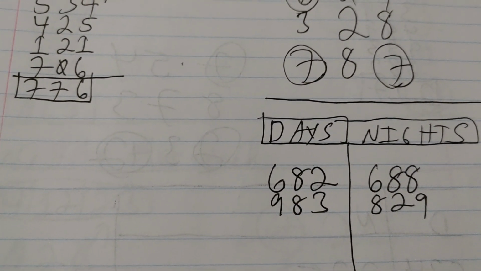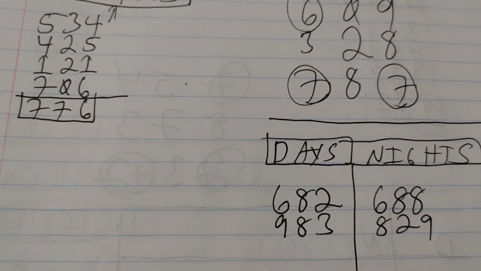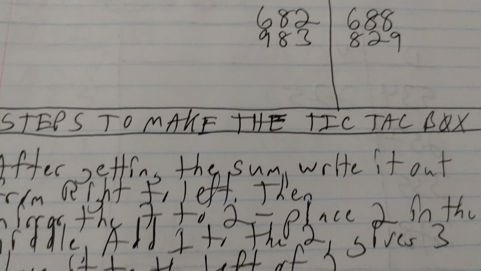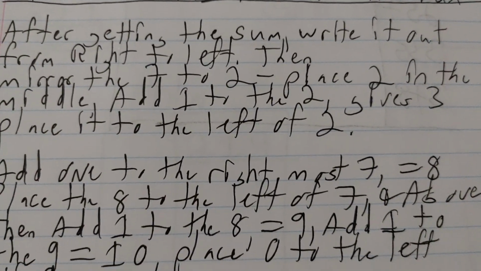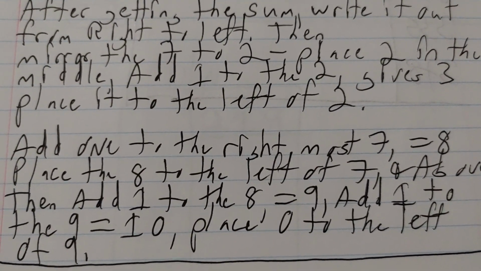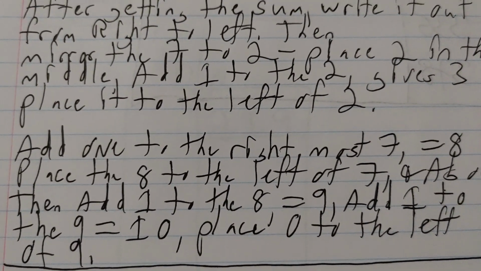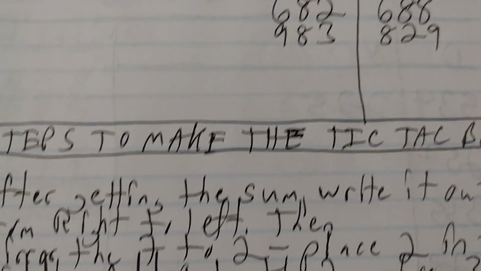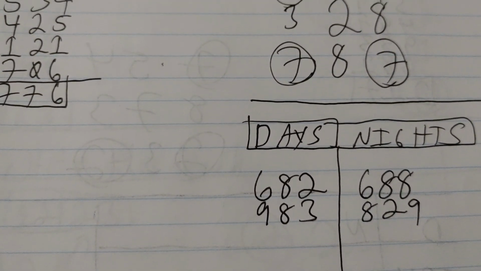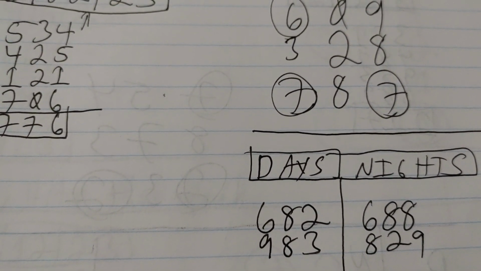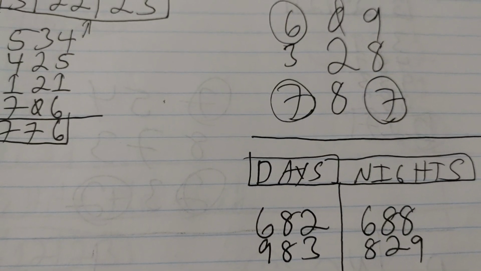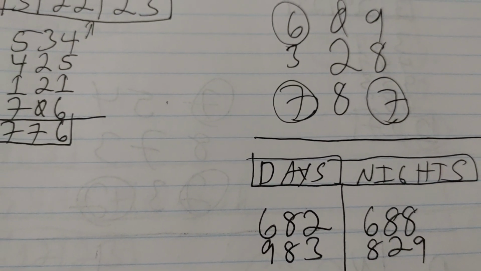So 7 plus 1 is 8, and then plus 1 is 9. And then to the left of that 9, you're going to add 1 to the 9, which equals 10, and then place 0 to the left of 9, because we're keeping just the 0 of the 10. So the 0 is to the left of the 9 there.